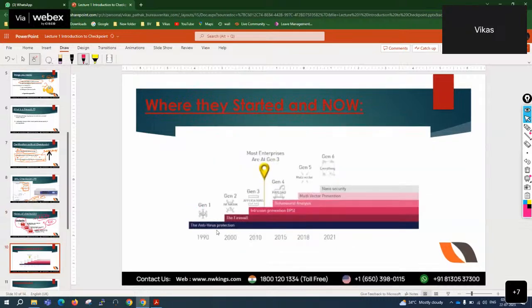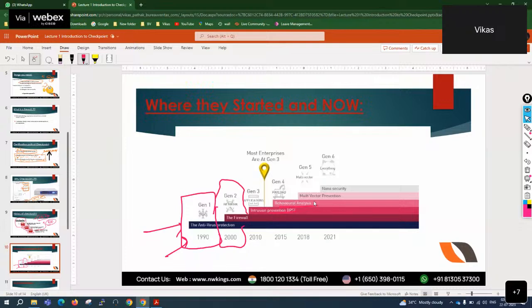Now, if you go here, you can see Gen 1. Generation 1 was launched in 1990 and the first product was antivirus protection. Then in 2000, they launched the firewall. This was Generation 2. Generation 3 was intrusion prevention, IPS.